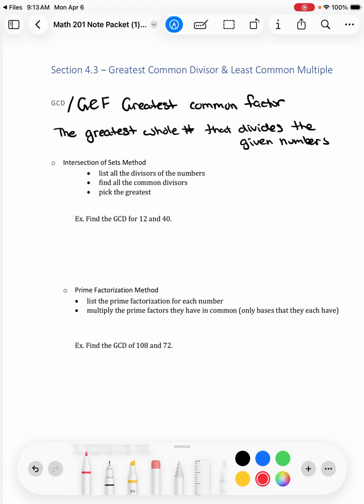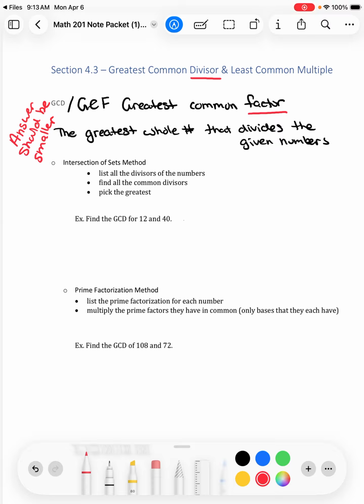That's because we're dealing with a divisor or factor. Those are the same thing. So factors and divisors are smaller than the given numbers. So anytime we're dealing with a GCD, our answer should be smaller than the given numbers. Even though it says greatest, that divisor and factor are where I really know what I'm dealing with here.